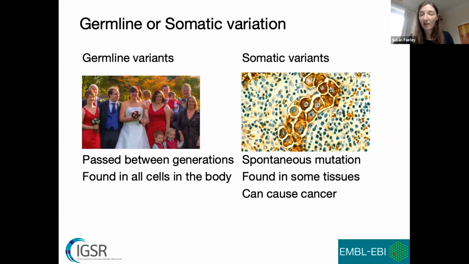And when mutations occur like that, it's referred to as somatic variation. And it can be particularly found in some tissues, and is also one of the things that sometimes, if there's a sufficient accumulation of these, and specific mutations in particular, these are the types of mutations that are more commonly associated with cancers.